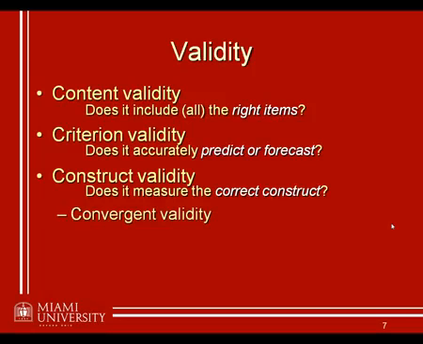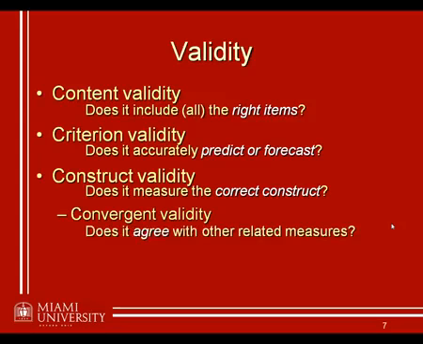The first is through what we call convergent validity. We call it convergent validity because what it means is if there's some other way to measure the construct in which we're interested, we want that instrument and our new instrument to converge and produce similar scores. So in a sentence, convergent validity talks about whether or not our measurement agrees with other related measures of the same or similar constructs.